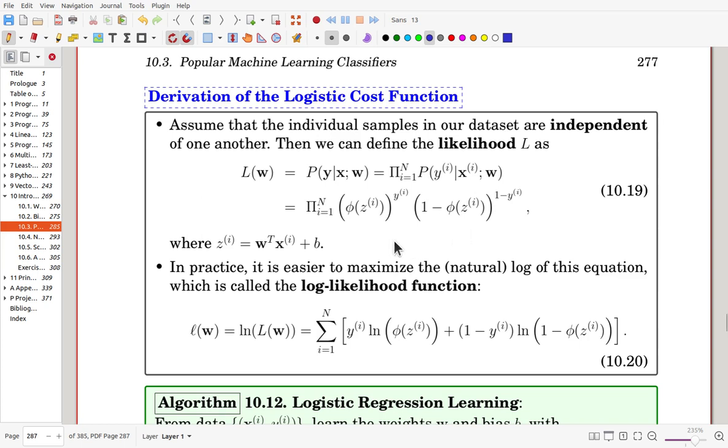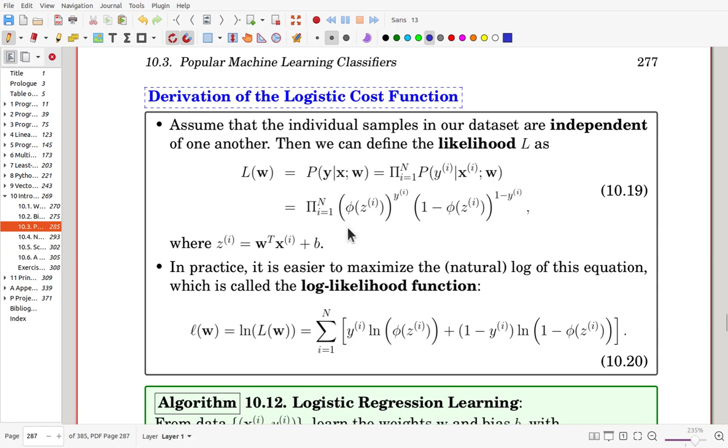So once it is well classified or well trained, then this likelihood will be near 1. If not, then this likelihood will be lower than 1.